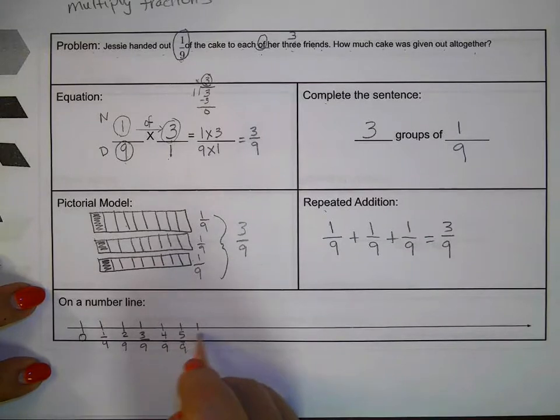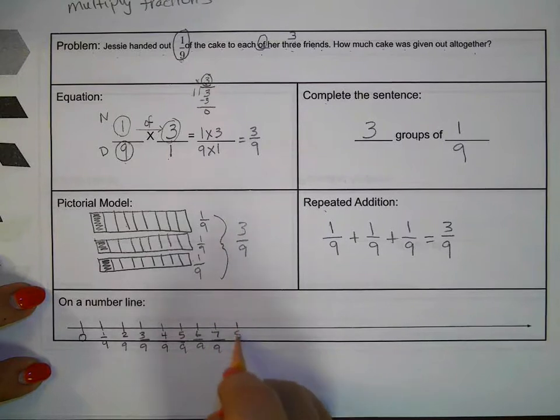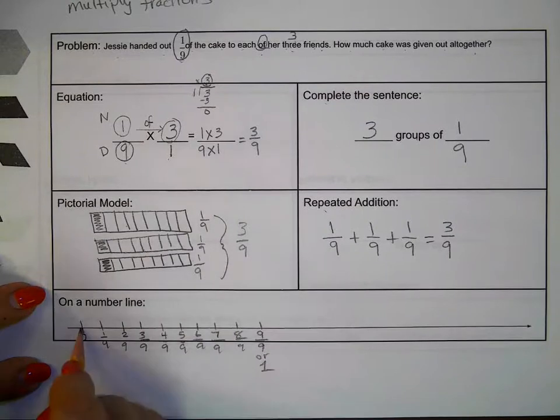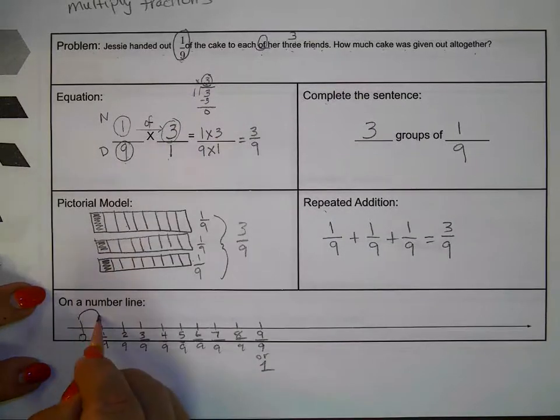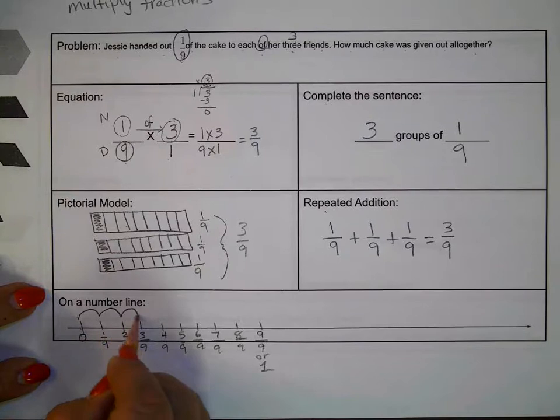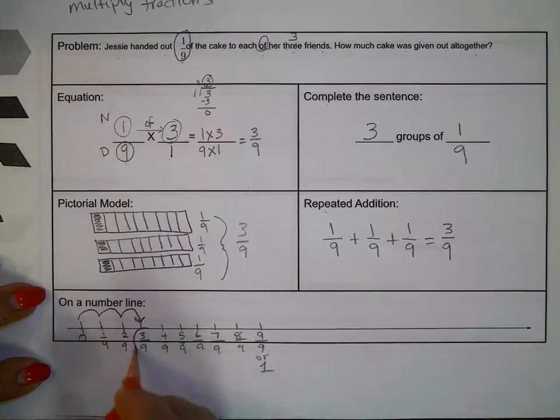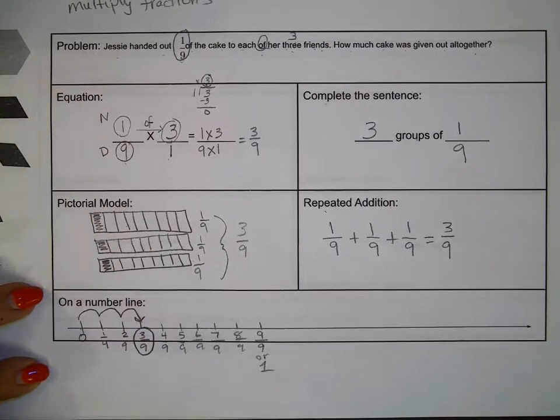I can go all the way up to the 9/9 for the whole. 6/9, 7/9, 8/9, and 9/9 or 1 whole. So now I'm going to start here at my 0 and I'm going to jump. So I need to jump 3 wholes, right? So I'm going to jump 1 jump, 2 jumps, 3 jumps, and here is my answer right there, 3/9. And that's what you're going to do to solve that.